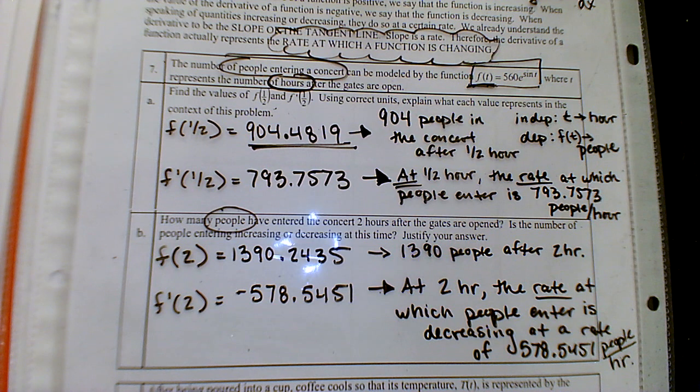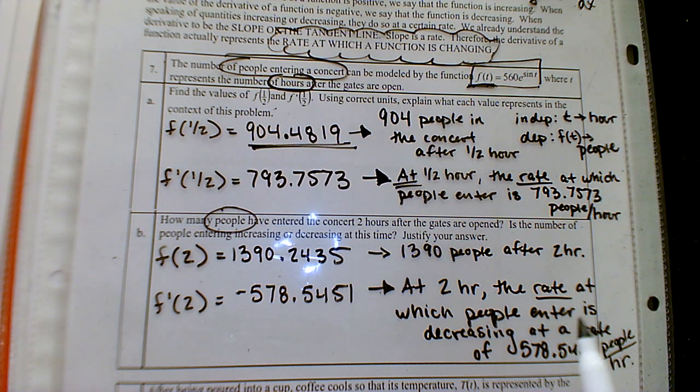Does that mean that's how many people are leaving? No. It's a negative number, and that just means there are not as many people coming in. It's still above the x-axis.